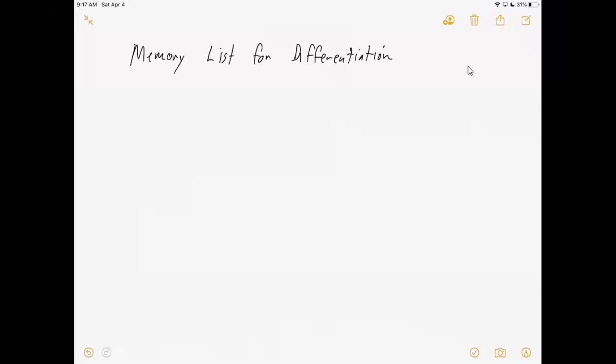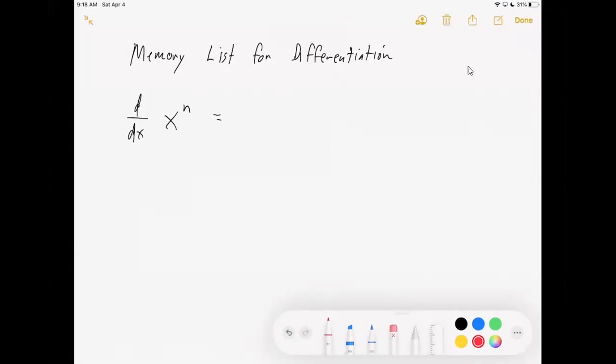In other words, what is the derivative? Let me begin with the derivative with respect to x of x to the n. Write what that equals. Pause the video if you feel like you're getting behind. And then we're going to put in some specific examples.